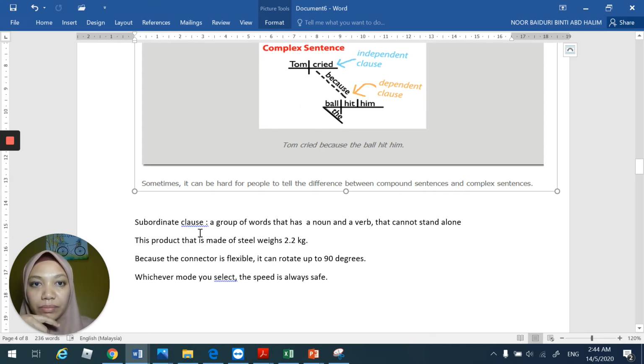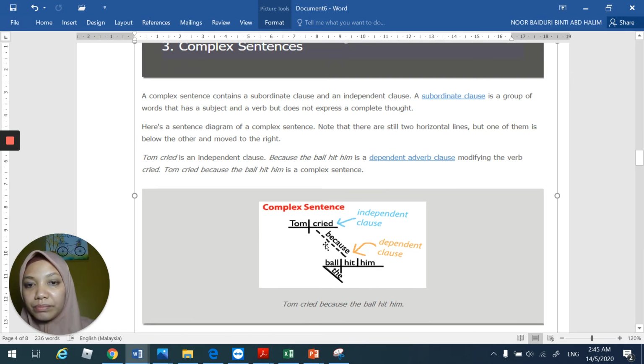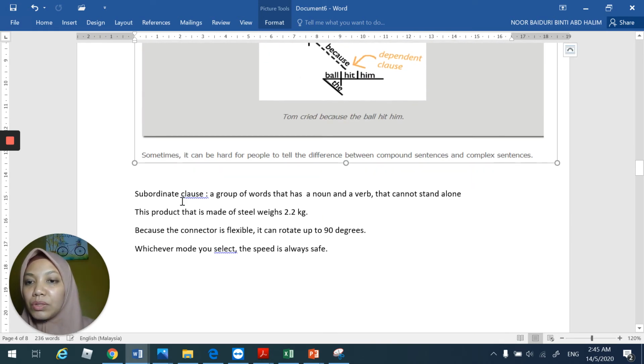Subordinate clause. Subordinate clause ni, alright. Because a complex sentence contains a subordinate clause and an independent clause. So this part is what we call subordinate clause. This one, independent, independent dah complete. Alright. So subordinate clause ni, a group of words that has a noun and a verb, but cannot stand alone.